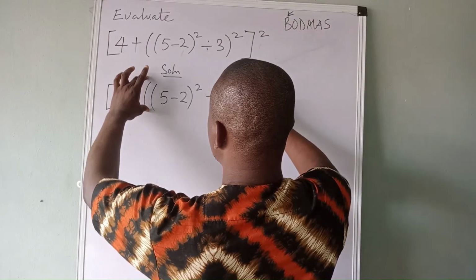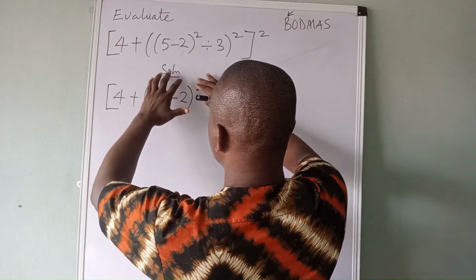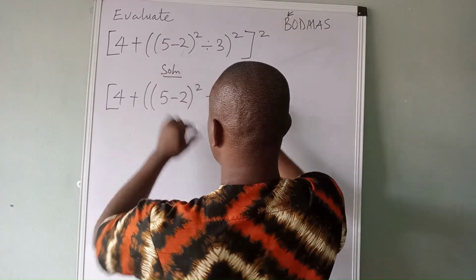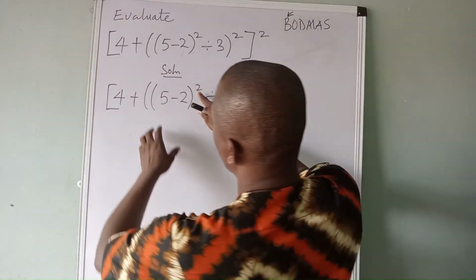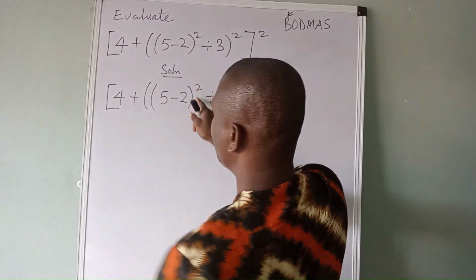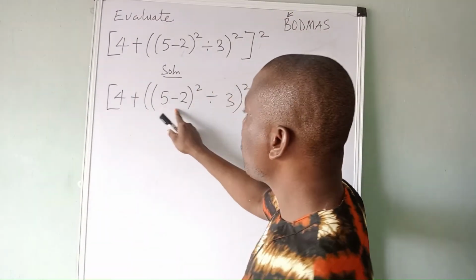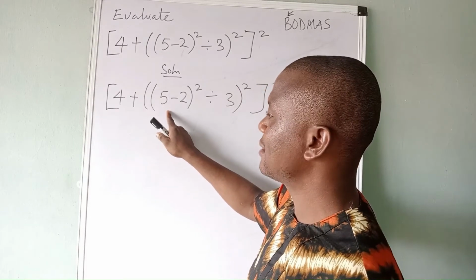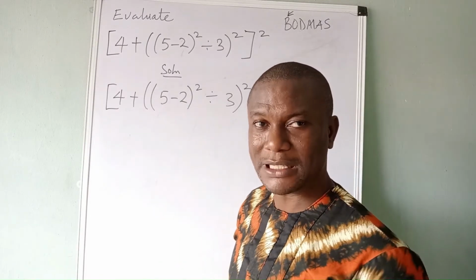So there is also this square, which means the entirety of this has to be squared too. And there is also a square here, meaning whatever you have here has to be squared. So this is the most internal of brackets, which must be resolved first.